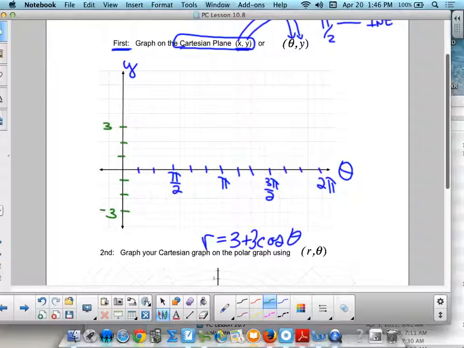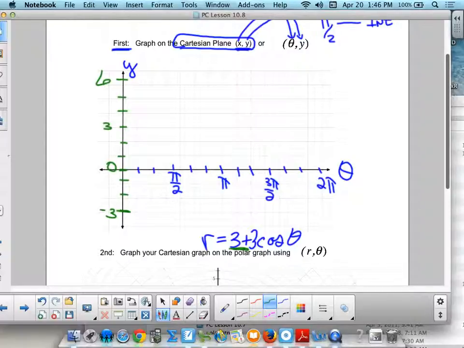But what does this little piece mean right here? It's a vertical shift. Yeah, vertical shifted 3 up. So the maximum 3 is not going to be 3. It's going to be 6. The max is 6. The minimum, -3, is really going to be 0.